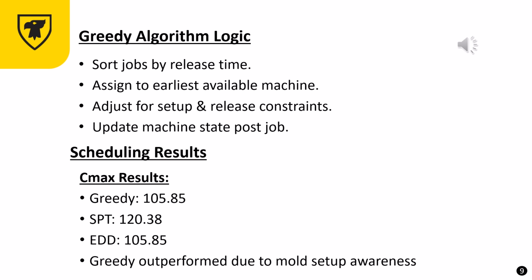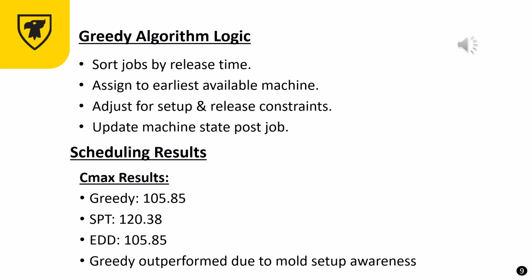Now, let's look at the results. Using the greedy approach, we achieved a Cmax of 105.85. In contrast, SPT resulted in 120.38, and EDD, which we also tried, matched greedy at 105.85 but didn't offer any additional efficiency.